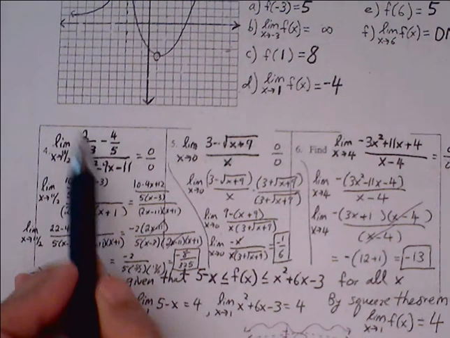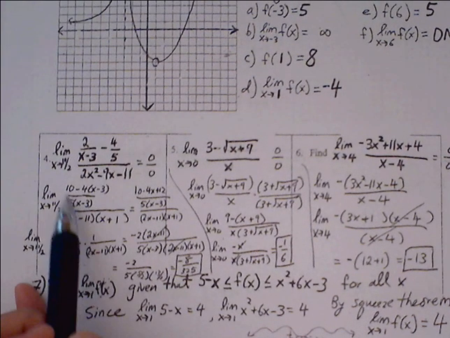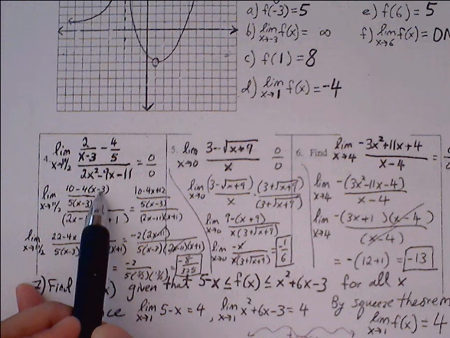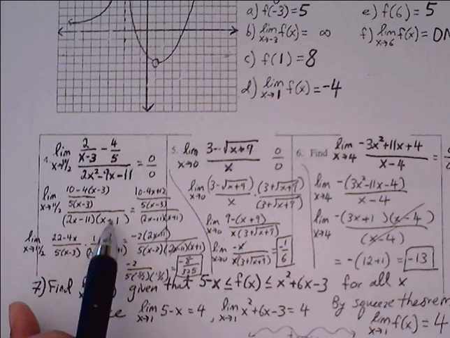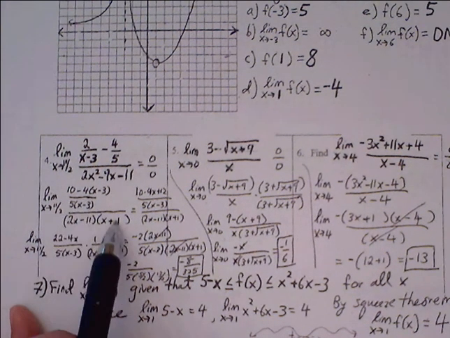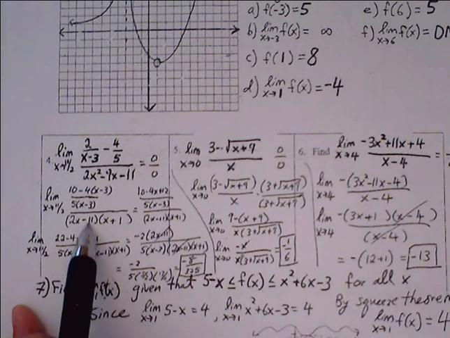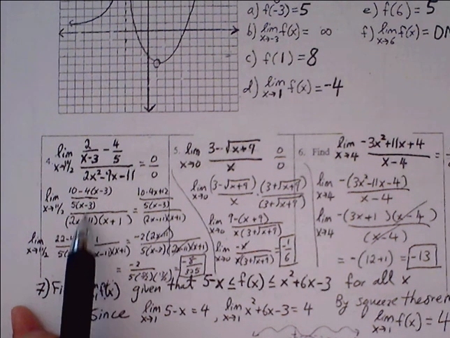So here we have a complex fraction. I'm going to find a common denominator of 5 and x minus 3. So that means I'm going to balance the numerator. The denominator here I'm going to factor. And once I have the denominator factored, I'm going to try and undo this complex fraction.